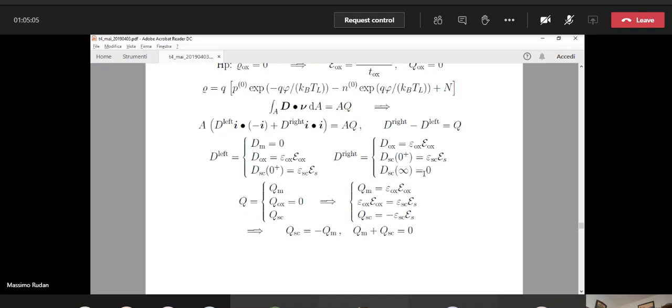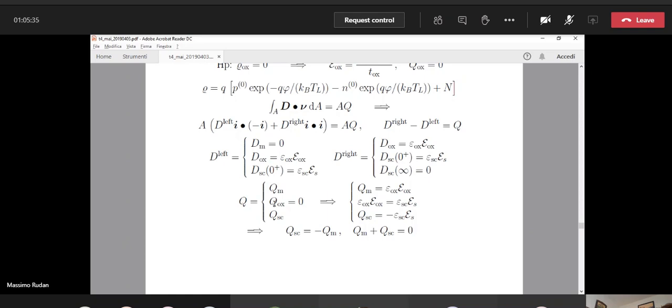Okay? So we have to replace one by one the first line, the second line, the third line at the left-hand side of this relation here, d right minus d left. Then we have Q. Q is the charge in the metal for the first cylinder, the charge in the oxide, that is 0 for the second cylinder, and finally the charge in the semiconductor, QSC, for the third cylinder.